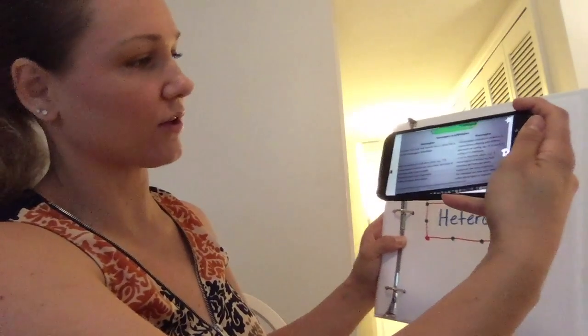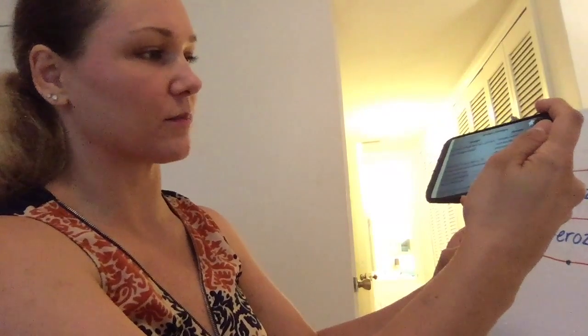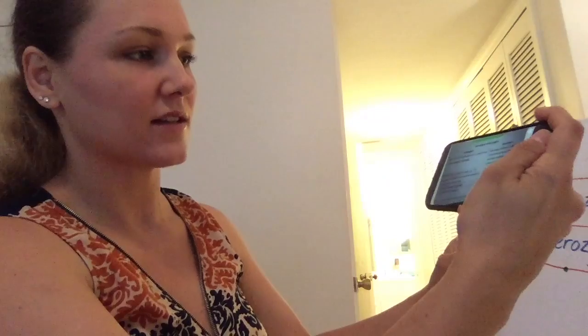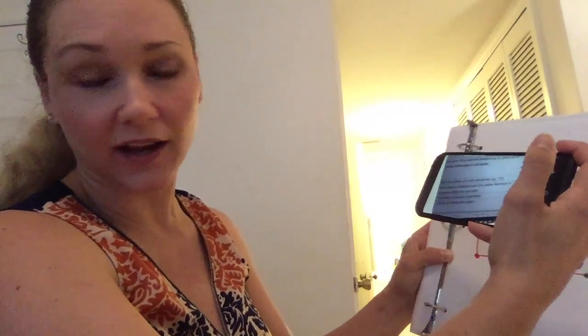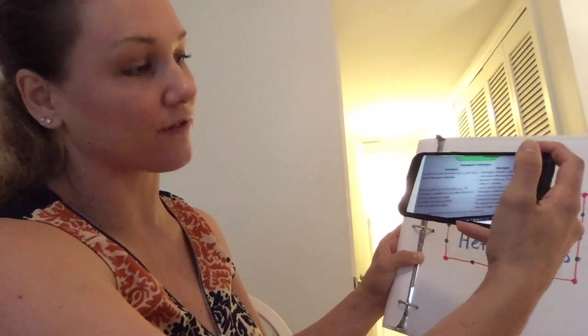Okay, so I can look through this and I can see that homozygous is a pure trait and heterozygous is seldom pure. I can either go to this website or I can just look at this and take notes off of this chart here.